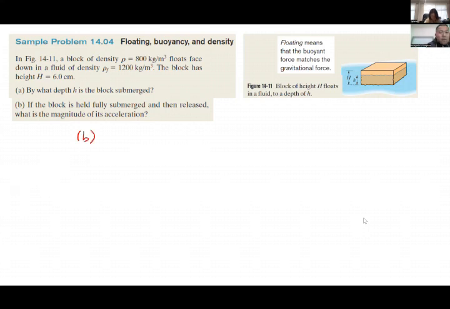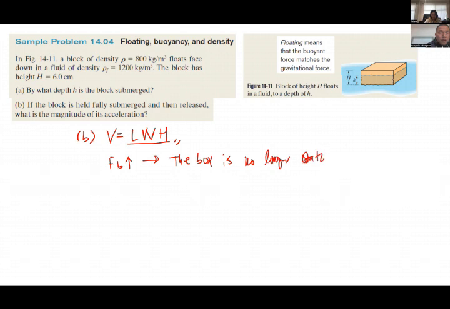So for B, you have the total volume, which is the length of the box times the width and the height. Now you have the buoyant force upwards, which is more than the gravitational force. The box is no longer stationary, so it has an upward motion.